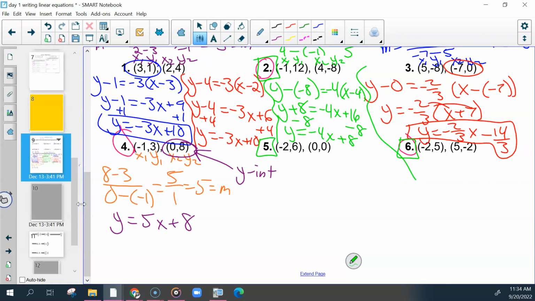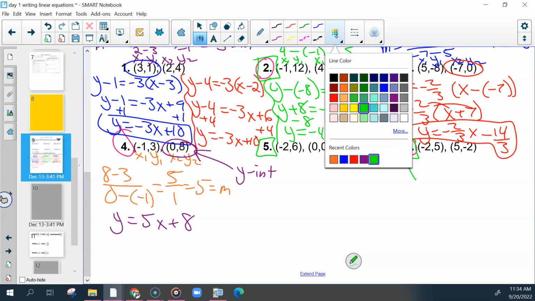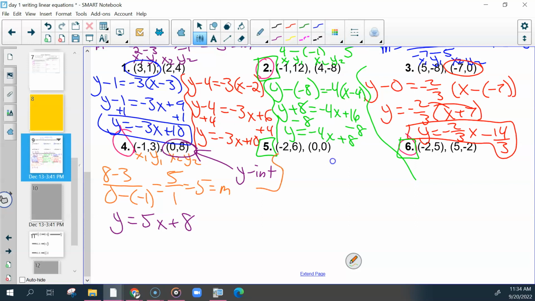For number 5, let's find the slope of that one. We have the ordered pair -2, 6, and 0, 0. X1, Y1, X2, Y2.